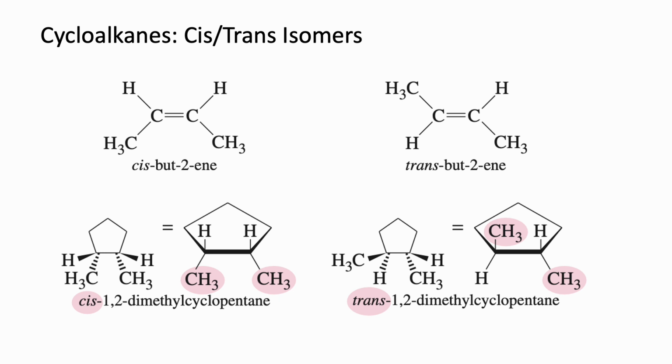And we said that that was the same molecule when we're looking at a linear alkane, because there's nothing stopping that bond from rotating all the way in a circle. And so those 2 chlorines can change positions as that bond rotates. But a ring is prevented from rotating because the bond goes all the way around in a circle.